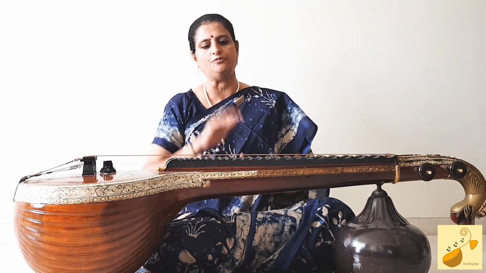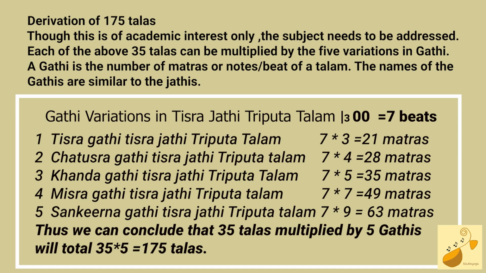Again, let's take the example of Tisra Jati Triputa Talam, which is 1, 2, 3, 4, 5, 6 and 7. There are 7 beats to Tisra Jati Triputa Talam. Now, Nadai or Gati means per beat, how many notes will be there. If every beat of the 7 beats get 3 notes, then it's called Tisra Nadai or Tisra Gati.